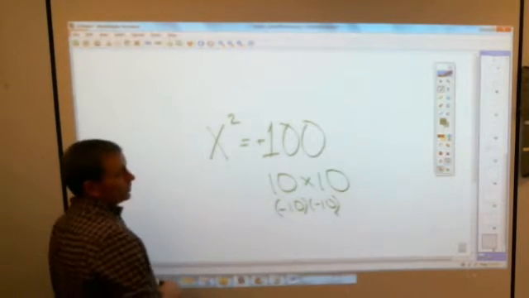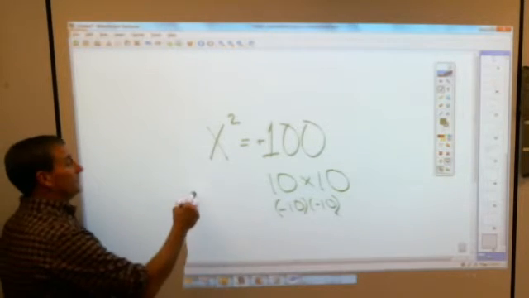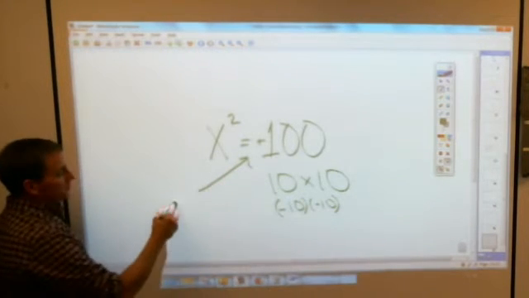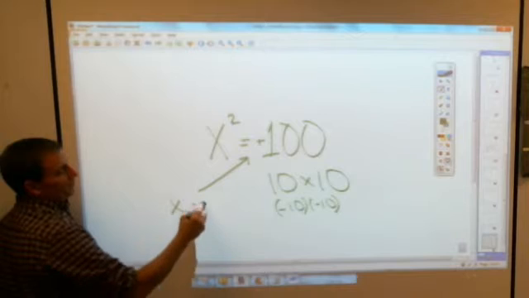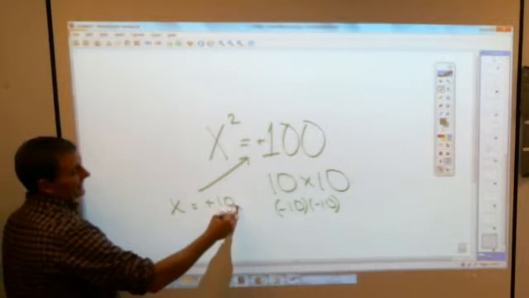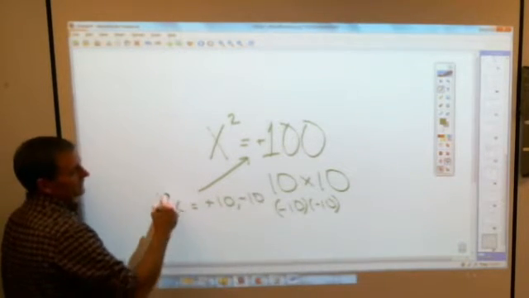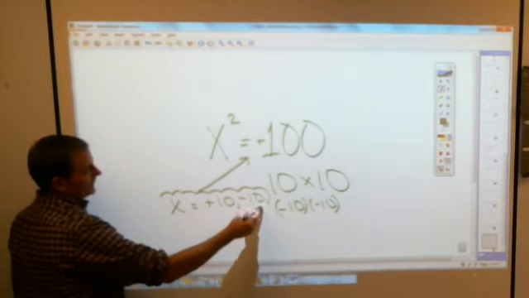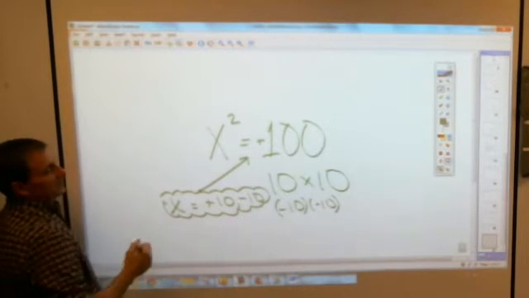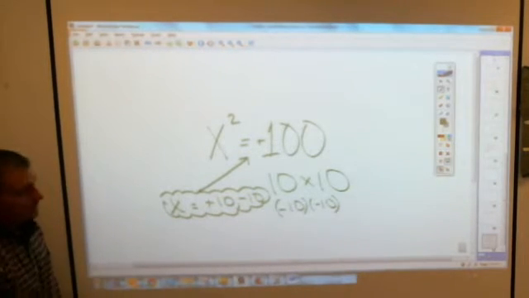Correct? So technically, when you're given this problem, you actually have to say that x is both positive 10 and negative 10. Usually you just take the positive answer, but it is positive 10 or negative 10.